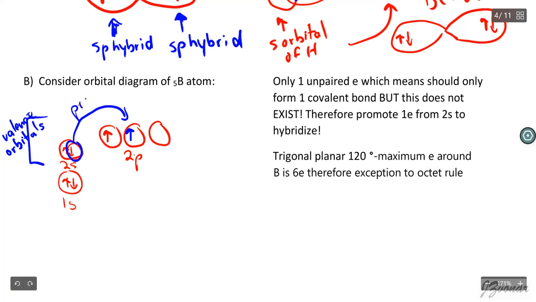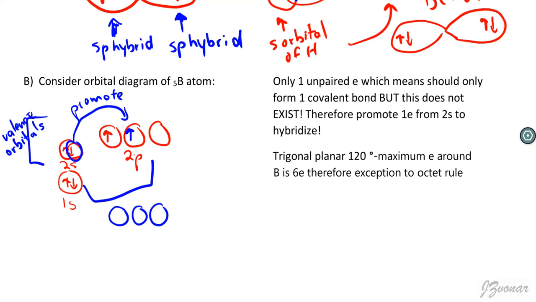Once again, we see a promotion. Now we blend or hybridize these 3 orbitals together. What has come together is an s orbital and 2 p orbitals, so we call this an sp2 hybrid. And that empty p orbital is still there, it's just empty.